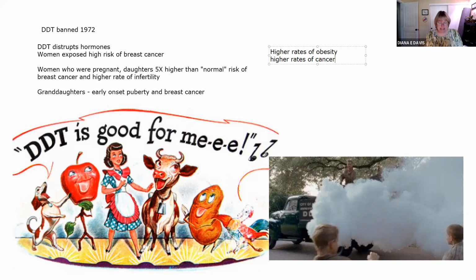So DDT was banned, as I said, in 1972. It is still used in some countries that have high rates of Plasmodium falciparum and extreme poverty. People are being a lot more careful about it and not just spraying it everywhere. But it is being used.